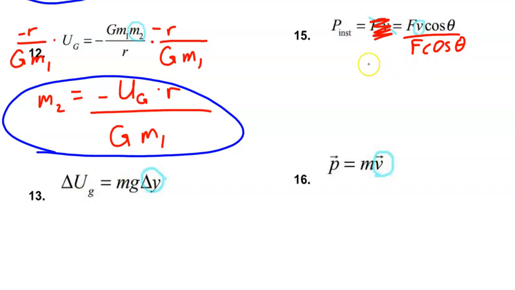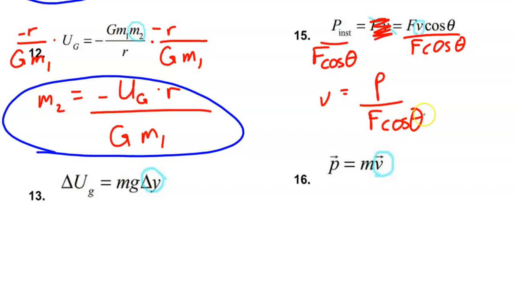Maybe it was something similar. Anyways, f cosine theta, and yeah, that's it. Okay, v equals instantaneous power divided by f cosine of theta. Oh, I forgot the... There you go.